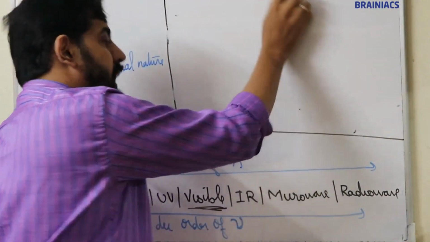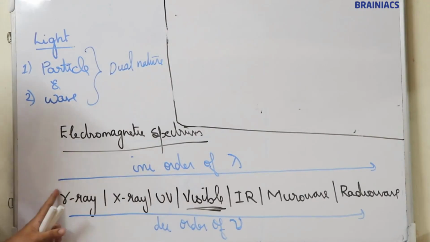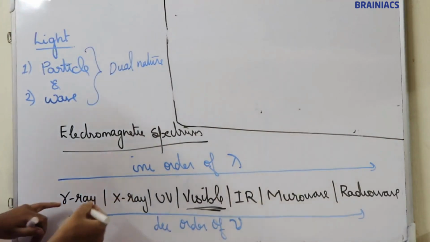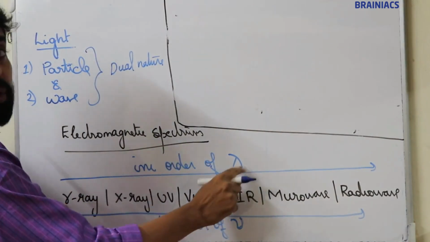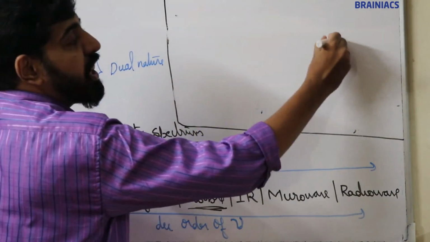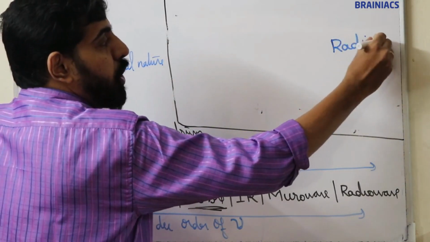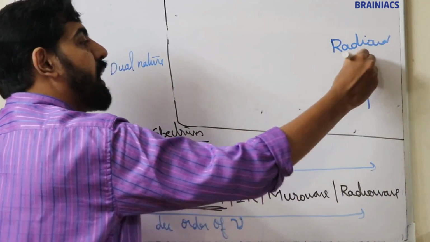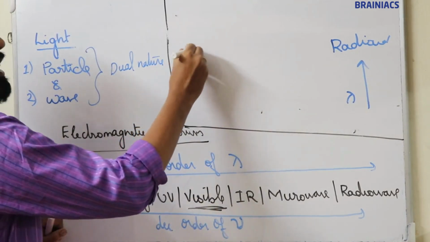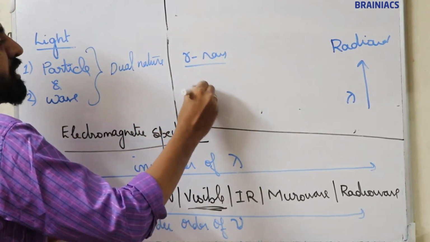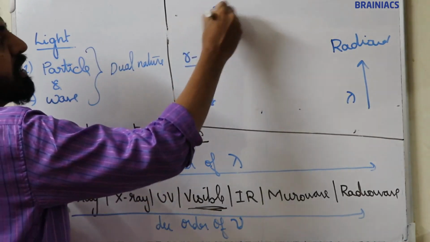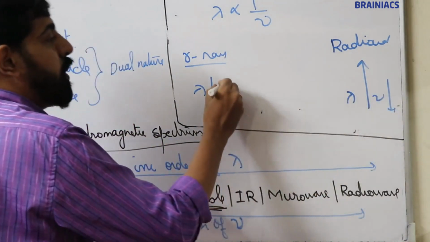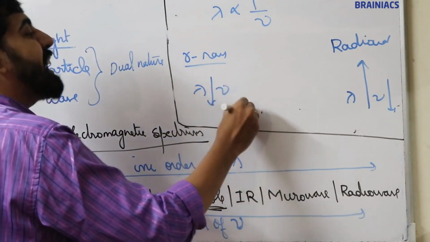Now, the arrangement of electromagnetic radiation in the increasing order of wavelength. Radio wave has the maximum wavelength, and gamma ray has the minimum wavelength. Wavelength is inversely proportional to frequency. So radio has the minimum frequency, and X-ray and gamma rays have the maximum frequency.